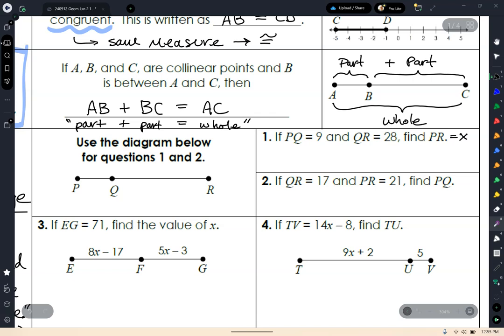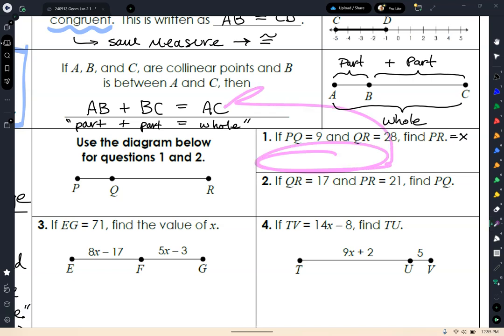Okay? Here's what I want you to do. Right here, I want you to write me a segment addition math problem using these numbers and the X. Write me a math problem that's going to find me the value of PR. You're going to write me a problem first before you find me the value. Okay? Go ahead. Give it a try.